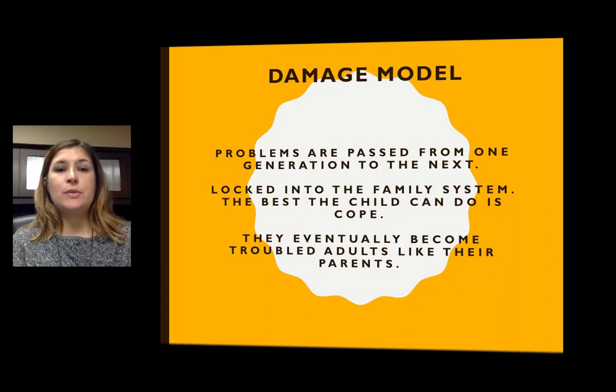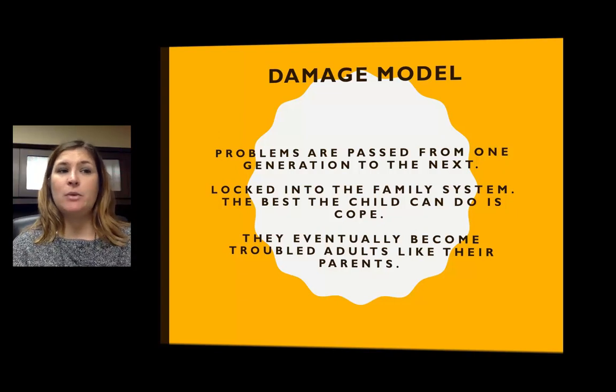Before I go into some of the evidence-based programs, I want to talk about a traditional model that has been used in the past. This is the common way that families, communities, schools typically deal with youth, and through the lens that we call a damage model, which has been found to not be effective to reduce substance use disorders.